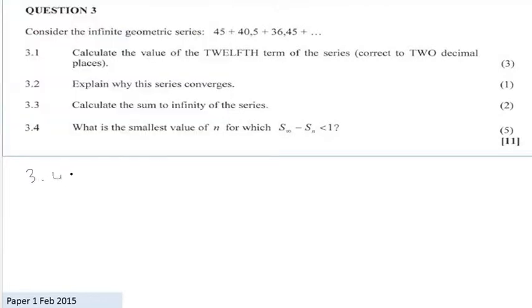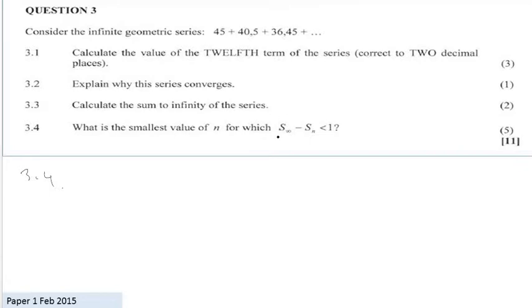Question 3.4. What is the smallest value of n for which S infinity minus Sn is less than 1?